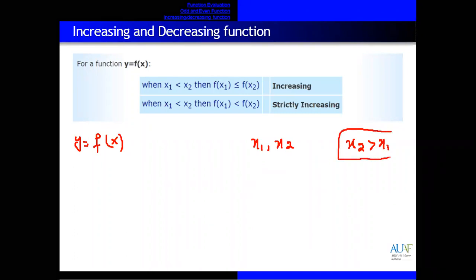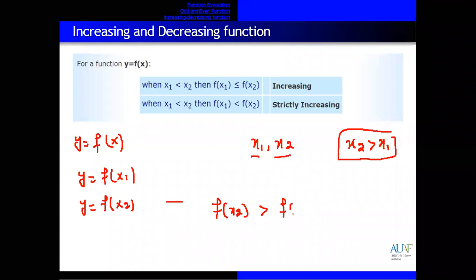You put these values in this function: for x1, y = f(x1), for x2, f(x2), but f(x2) is greater than f(x1). This function is called an increasing function.